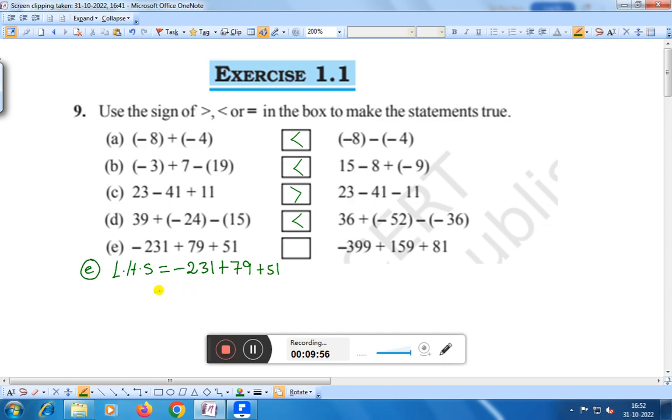That is equal to minus 231, 9 plus 1 is 10, carry 1, 5 plus 7 plus 1 is 13, that is 130, and that comes to 231 minus 130, that is minus 101. That's the answer.